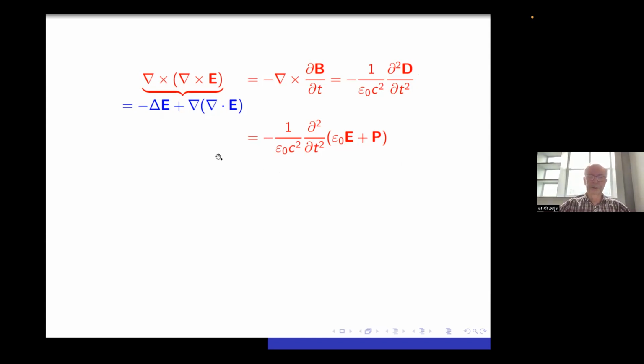And another thing which is sometimes useful is that curl E can be written in this way. So now, after collecting terms, we have this equation, or in fact, it's a system of three equations because it's from R3 to R3.